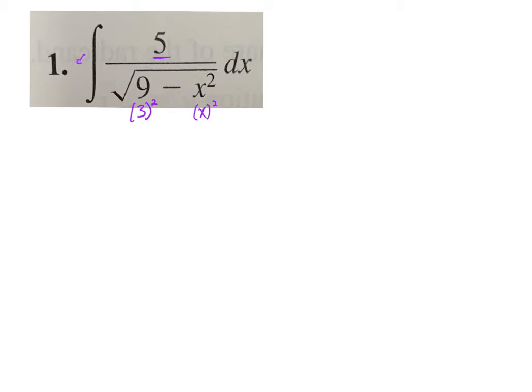When you have a squared minus u squared, a squared minus a function squared, it's an arc sine. And so we just take that 5 and put it in front, 5 times the arc sine. For arc sine, you take the function, which is x, over the a, which is 3, and then don't forget to add your c.